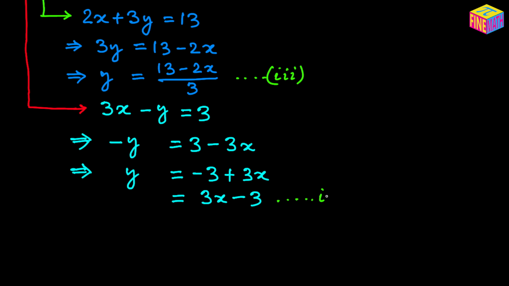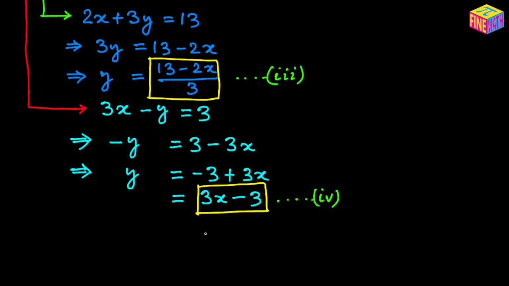If you look at both of these equations, equation number 3 and 4, you see that in both cases we have a value of y on the right hand side of each of those equations, right? So this value right here represents the value of y, and this value right here is also representing the value of y.